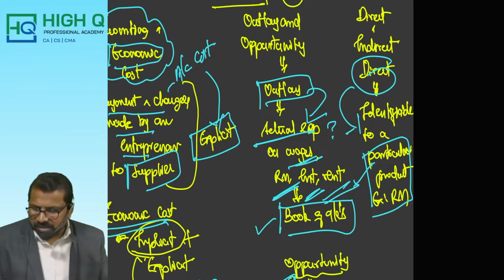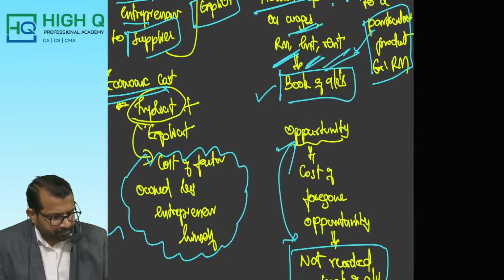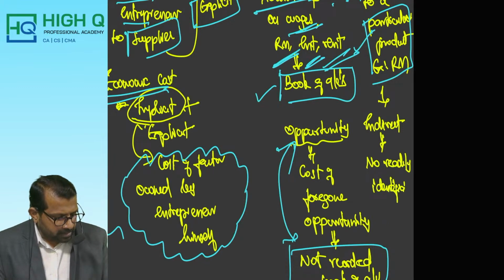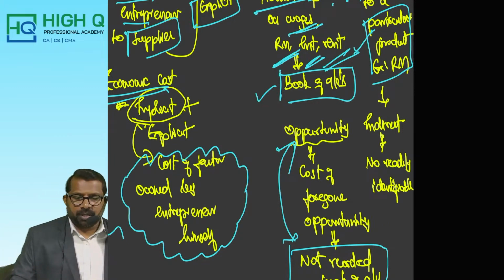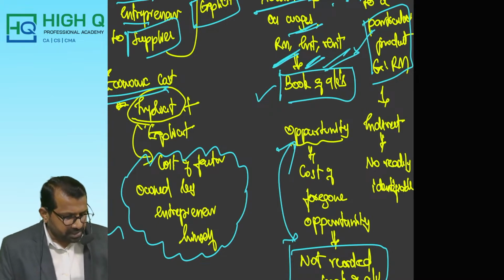Indirect cost, not readily identifiable. It is not very easy to identify or trace. Examples: electric power, salary of accounts manager.